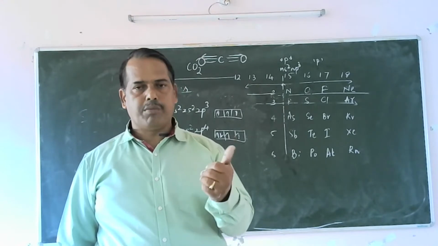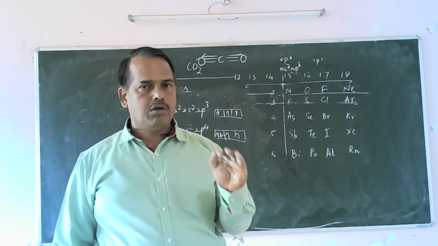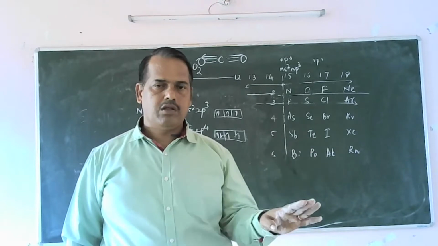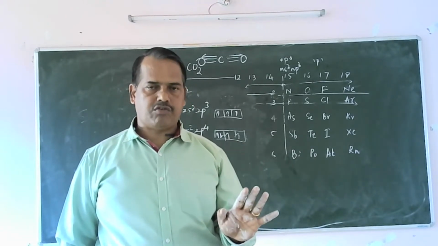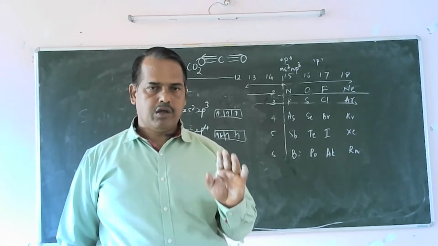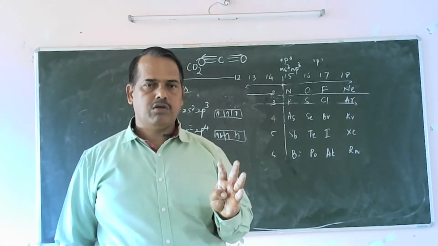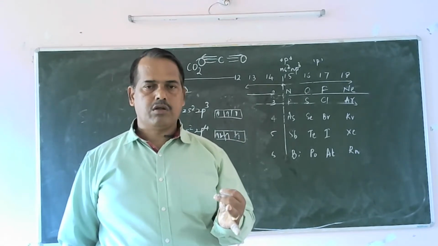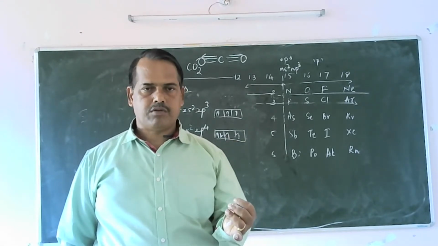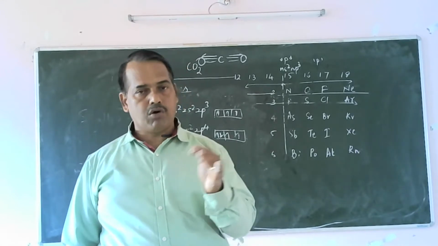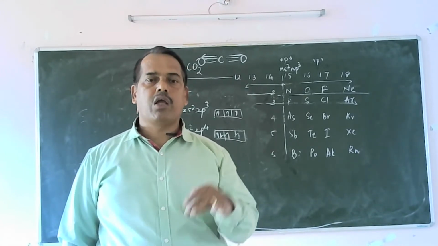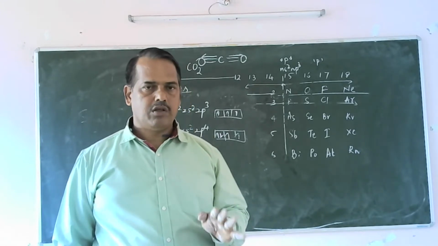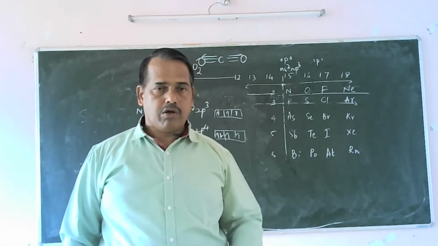So these you have to remember for all p block elements of groups 15, 16 and 17: the fundamental reactions or chemical reactivity with hydrogen, oxygen, halogens and metals, how they react, how they form compounds, and what types of compounds they form. We shall study this in the next class.